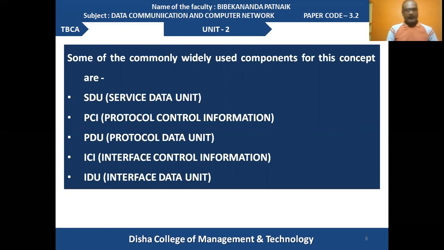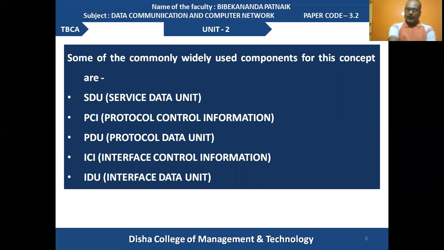As you know, the OSI reference model has 7 layers: application, presentation, session, transport, network layer, data link layer, and physical layer. Whenever data is communicated from one layer to another, each has its own functions or operations which are provided to the subsequent layers.